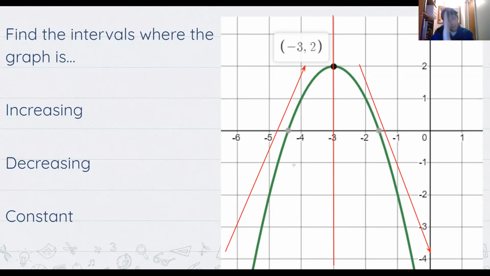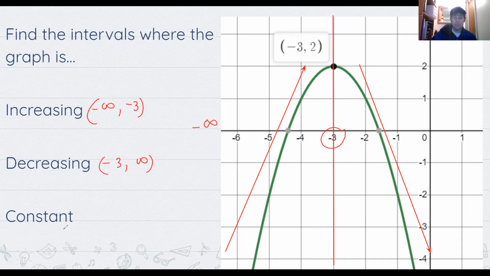And that break happens right here at -3. Again, we're talking about the x values. That's how we establish this. So from -∞ all the way over to -3, we're increasing. That's our increasing interval, and it's the only one. And then it's decreasing, from -3 all the way to infinity, to the right forever.